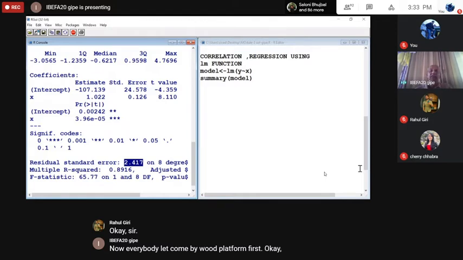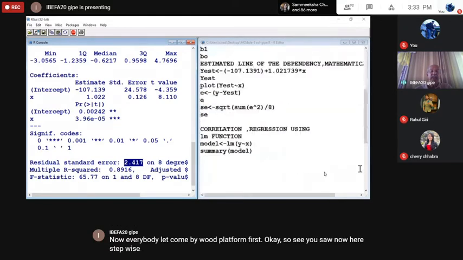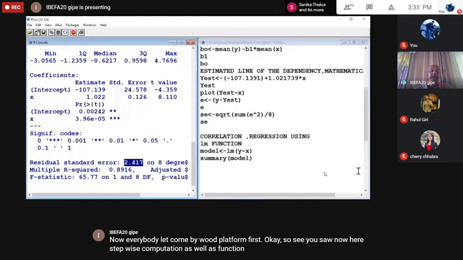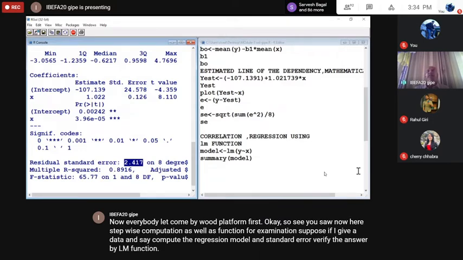Okay, so you saw here stepwise computation as well as the function. For examination, suppose I give a data and say compute the regression model and standard error, and verify the answer by the LM function. So you have to work both ways.